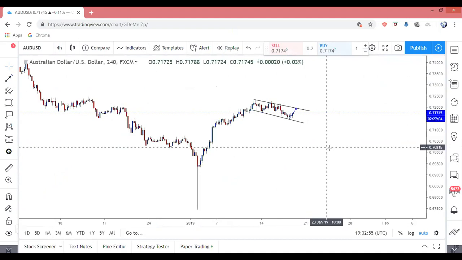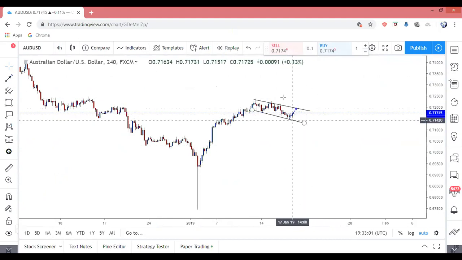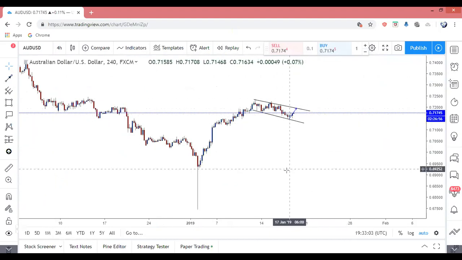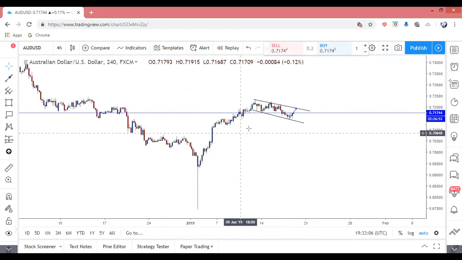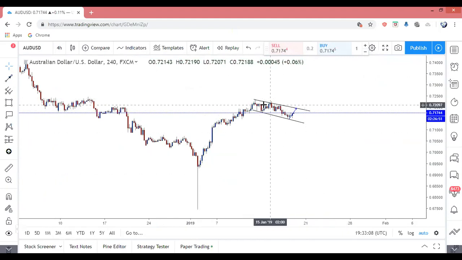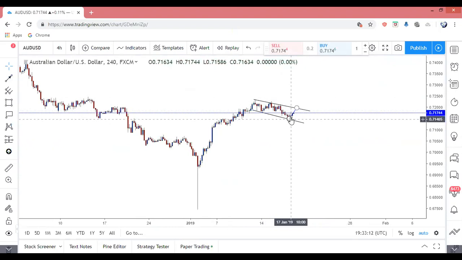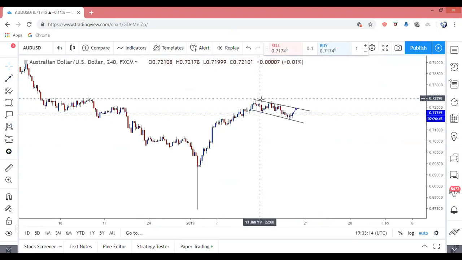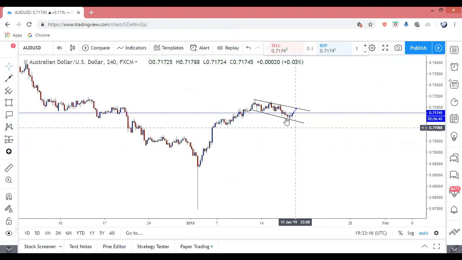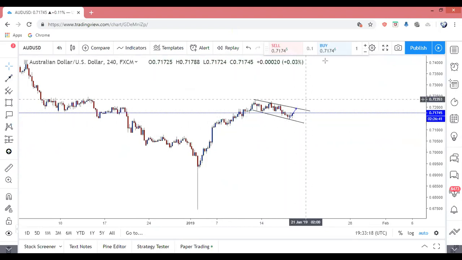When you try to see here, you need to be able to predict what happened in the past so that you can know what's most likely to happen in the future. So now the market went up and it gave us a flag. A flag is basically the market telling us that it's taking a rest, and then continues in the same direction.